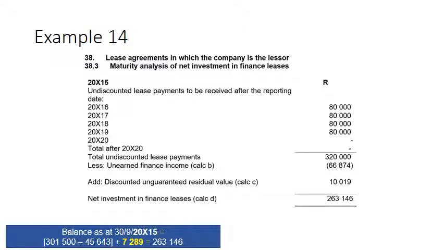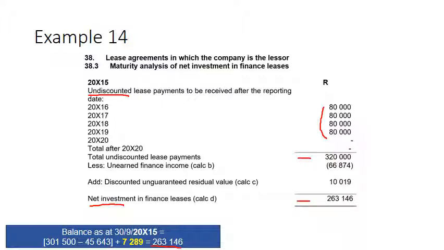In our maturity analysis of the net investment in the finance lease, we start off with our undiscounted lease payments. So that's the cold hard cash that we are going to receive in future. However, we reconcile this to our net investment in the finance lease as we've previously calculated it. So the problem is that we're starting off with the gross amounts and we're ending off with the net amounts.